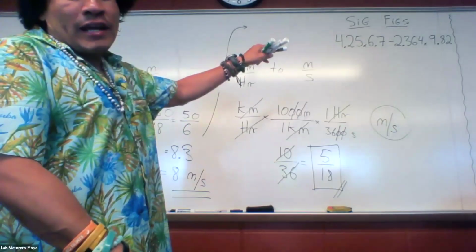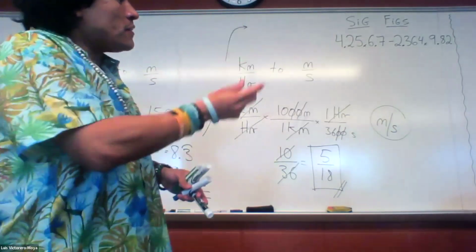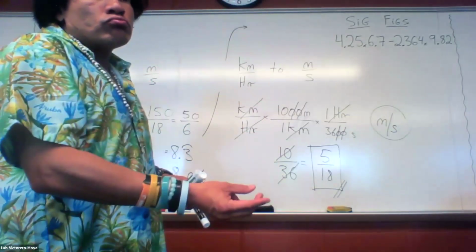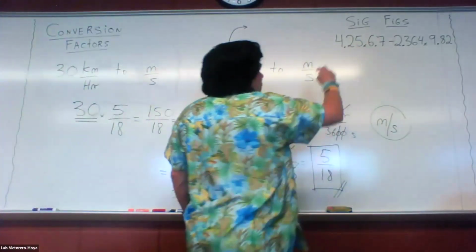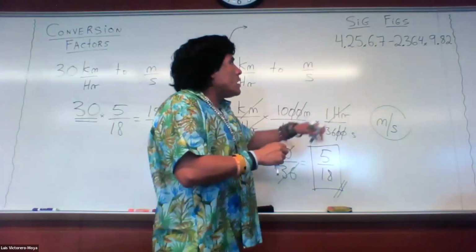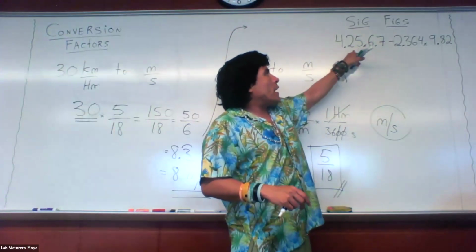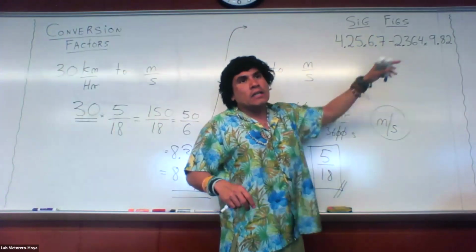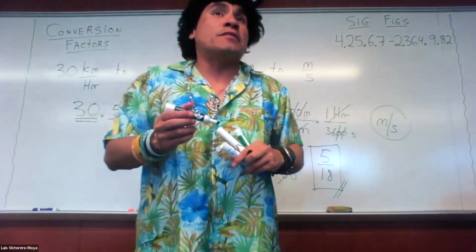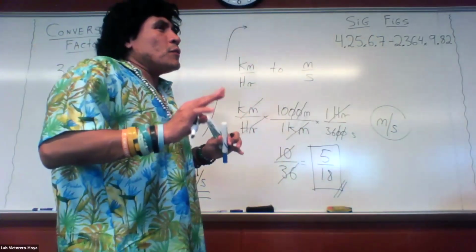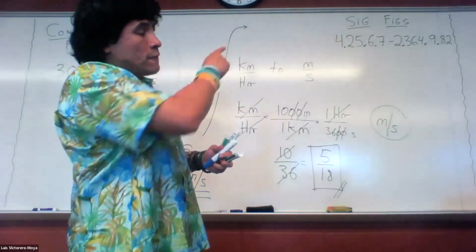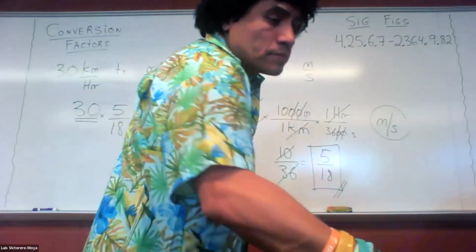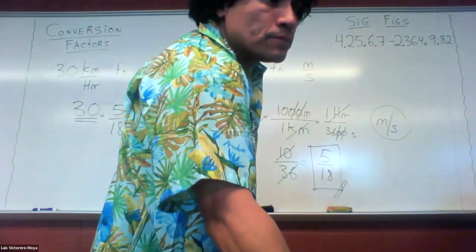Because when you have a question like that, you have intermediate values, right? 3 sig figs, 2 sig figs. If that was just the only multiplication, if you didn't have that, your final answer should have 2 sig figs. So you still have to take that into account. If you use a calculator, 4.25 times 6.7, right?